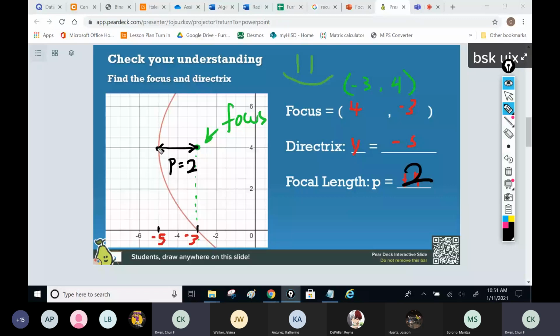And then the directrix, if you go another 2 units out here, this is the directrix right here. So can you think about what number I am looking at? Do you think you can fix it?